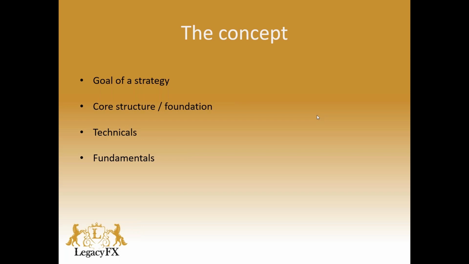The other part of the goal is that you create consistency in your trading. And there's a very important part about this, because what consistency does, whether it is consistently bad or consistently good, that doesn't matter. You can alter your strategy if you're consistently doing the same approach to every trade.